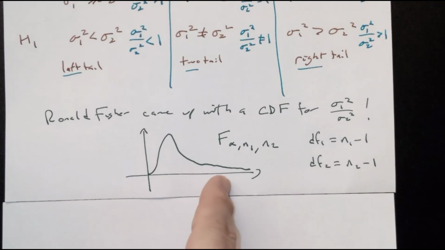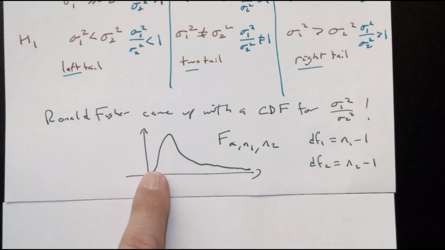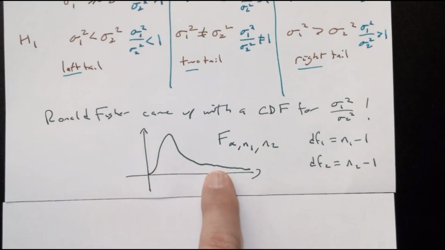Close to this side and close to this side. So we're going to do the same idea we did before. And we're going to say, hey, I'm going to need two critical values. I'm going to need a critical value over here if I'm doing a left tail test. I'm going to need a critical value over here if I'm doing a right tail test.